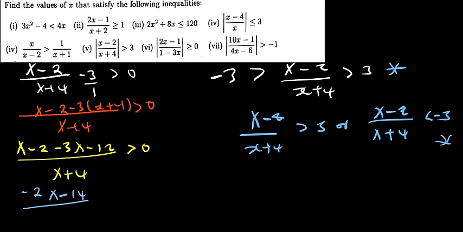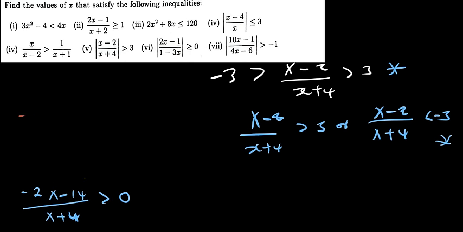I divide this by x plus 4, and then we can clearly see that this will be greater than 0. So you just get the top part alone, negative 2x minus 14, greater than 0.